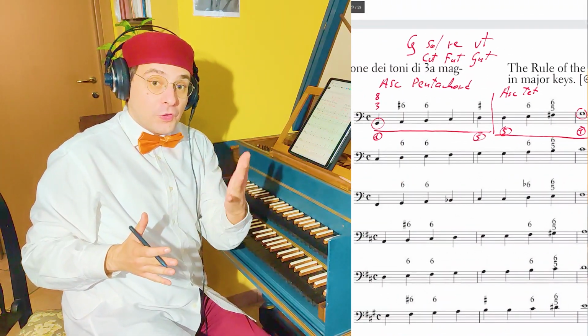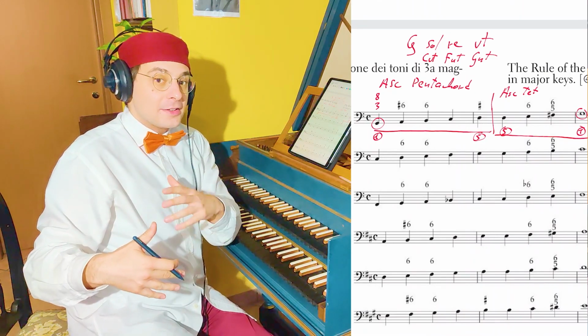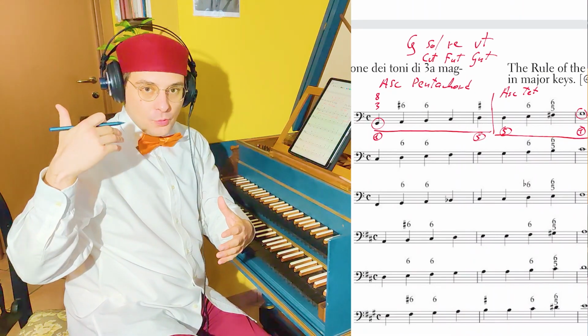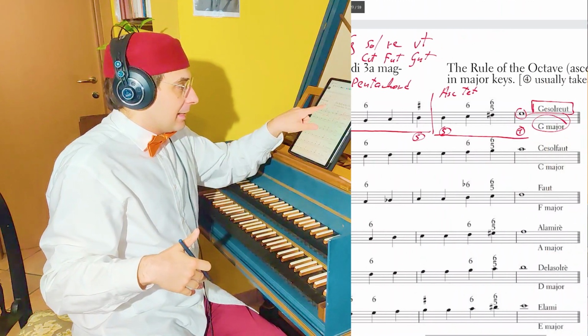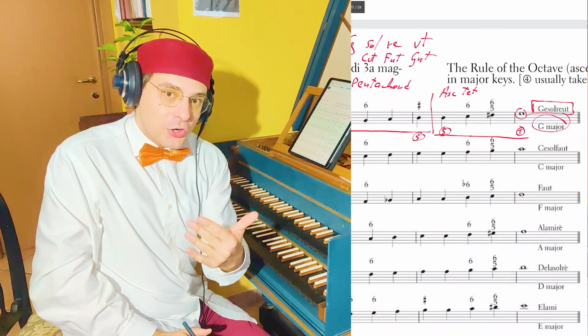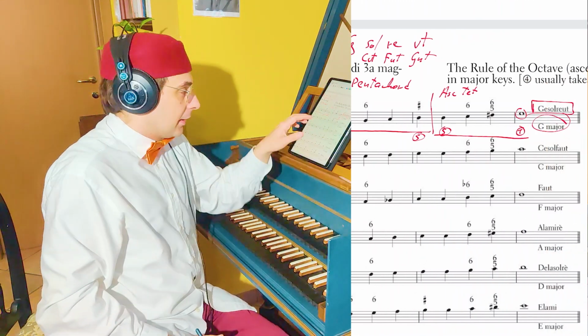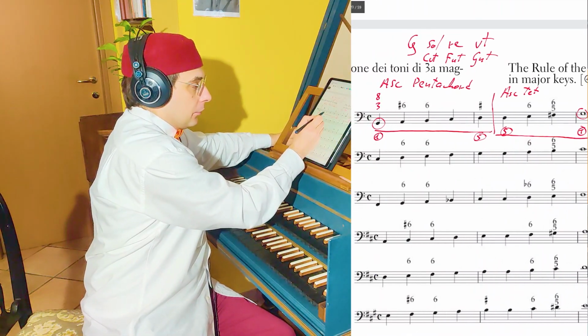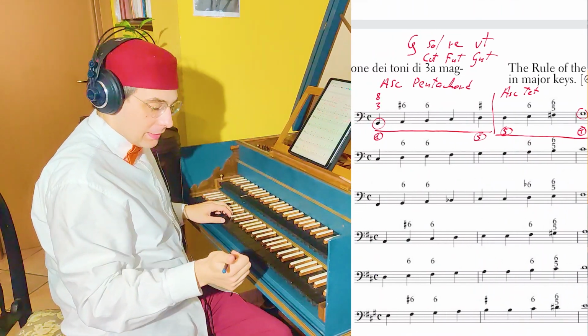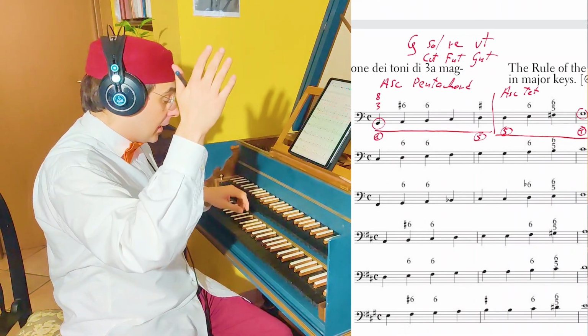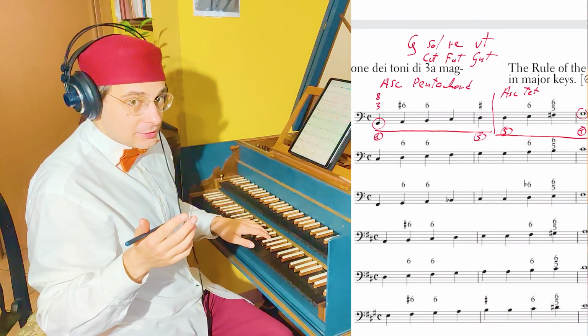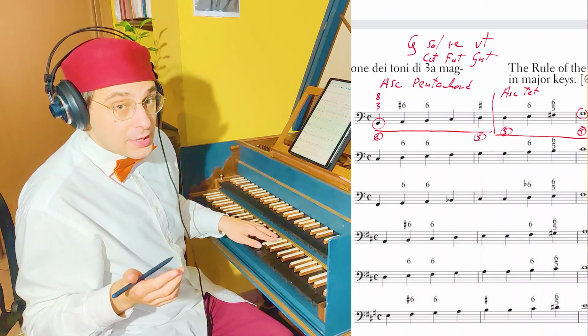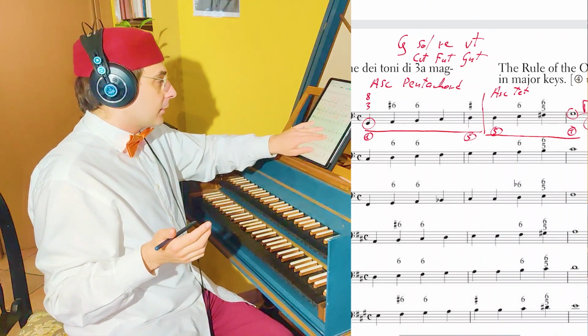Pentachord means 5 notes, in the ancient way of naming. Tetrachord means 4 notes. In fact, 1, 2, 3, 4, 5, and tetrachord 1, 2, 3, and 4.